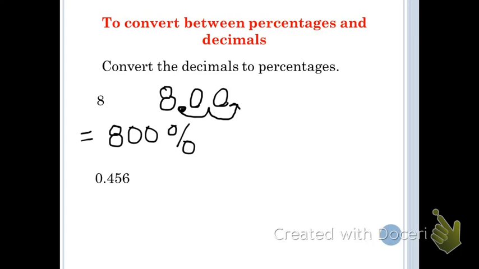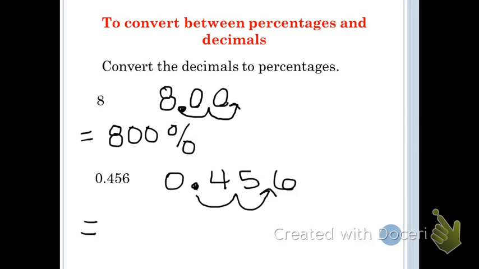In the next example, 0.456. To change this decimal to a percent, we're moving the decimal point 2 to the right, 1, 2. That will place it between the 5 and the 6. So 0.456 is equal to 45.6%.